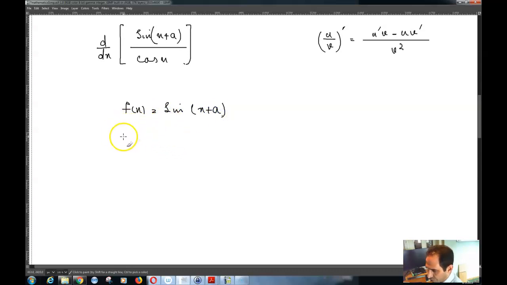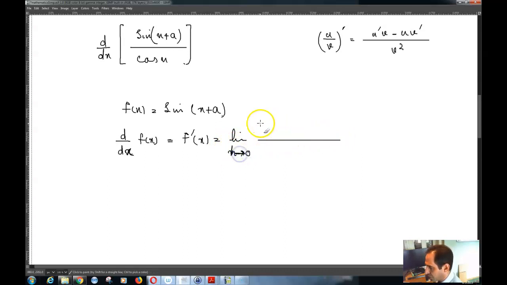Now you know that d by dx of f of x, which is f prime of x, is equal to the limit as h tends to 0 of f of x plus h minus f of x over h.